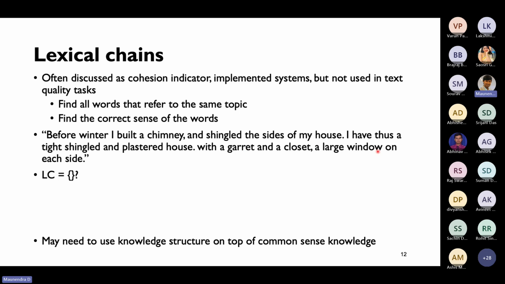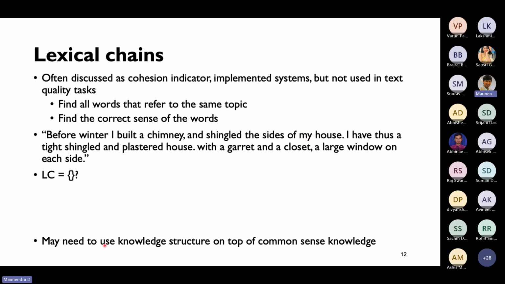All of these are referring to the same topic. So the lexical chain will include these words. It's not that each of them is the exact same entity; the large window and my house are not the same, but they are parts of the same entity, and they're gluing everything together. So the lexical chain will have all these things mentioned together.